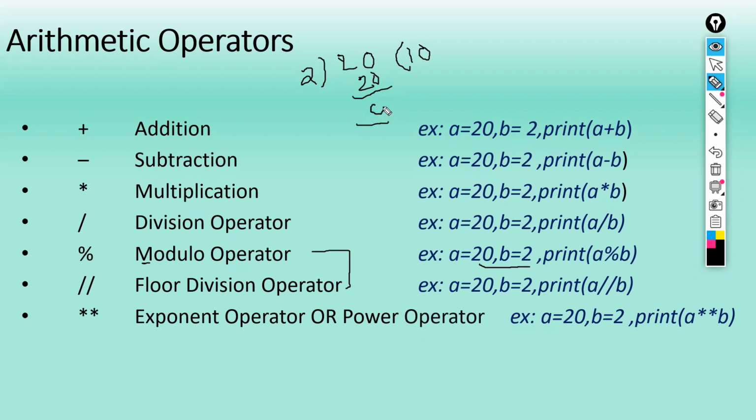The remainder is 0. Whenever I do floor division, floor division is nothing but it gives the quotient. The modulo operator gives the remainder. This is the remainder. Let's take one more example.